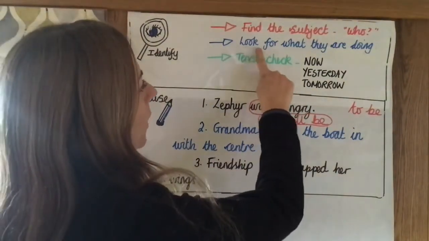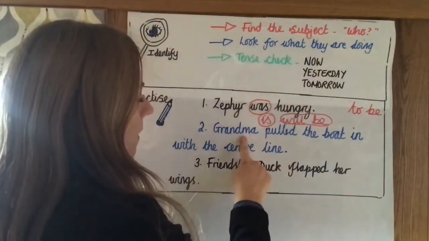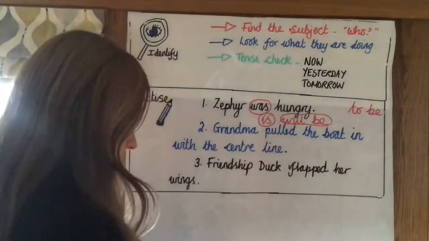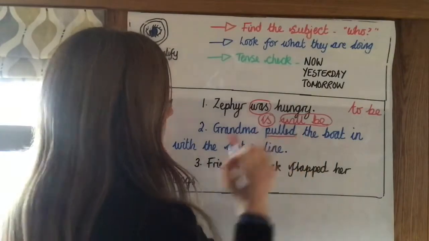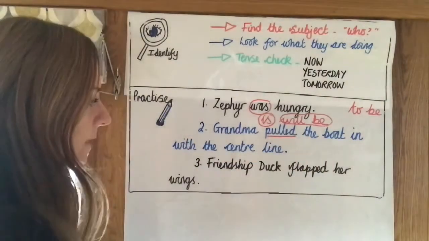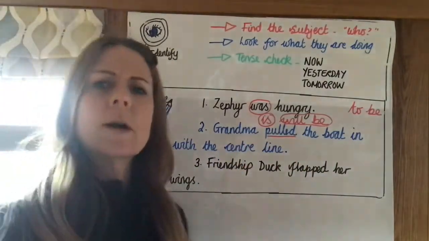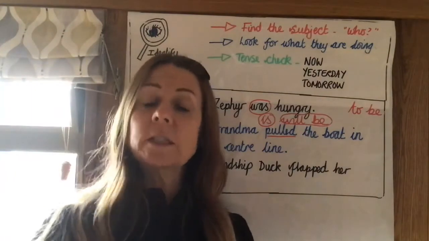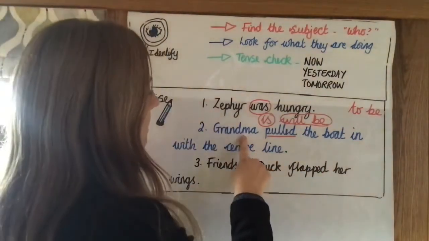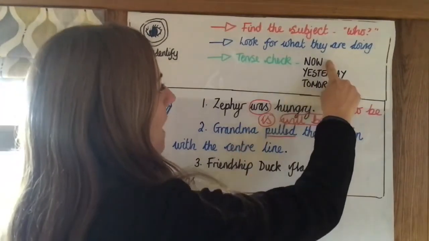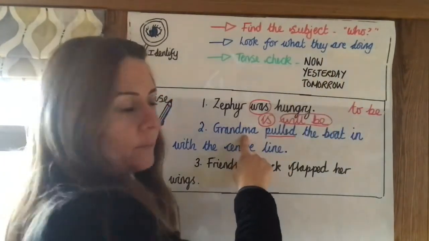So we know the who. So then we can look out for what they are doing. Grandma pulled the boat in is an action word, with the centre line. That's how she did it. So Grandma pulled the boat in. Pulled must be the verb, but let's check it with our tenses. So here is our subject, and we're going to put the word now in front of Grandma.